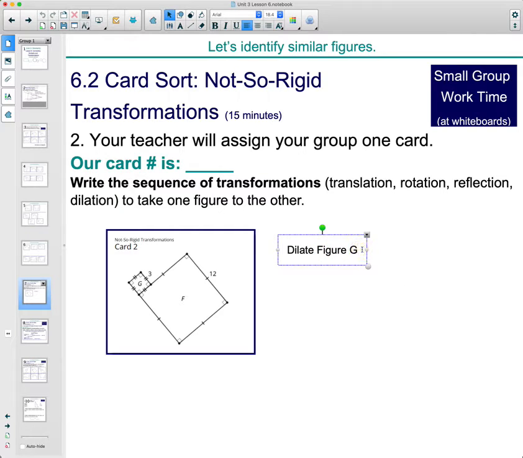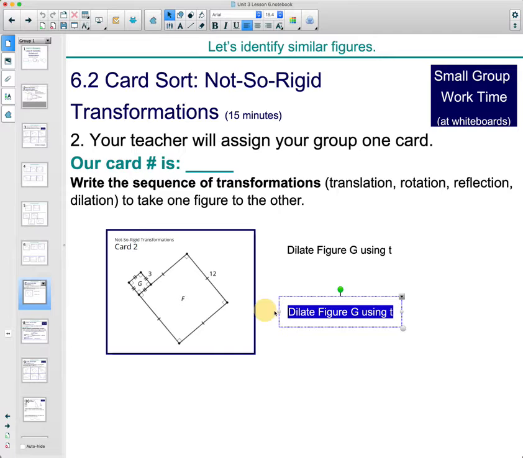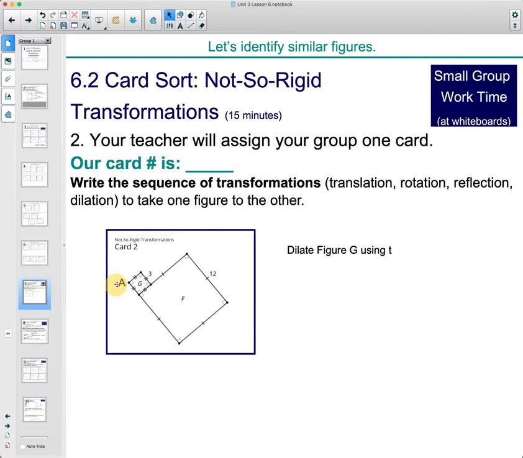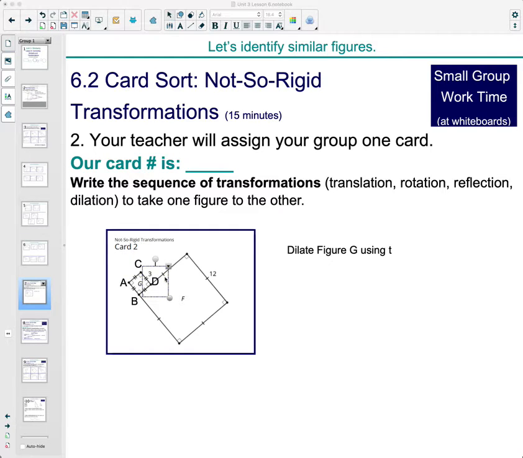Let me label these points so that they're easier to talk about: A, B, C. This way, when we're writing our transformation, it'll be easier to talk about.